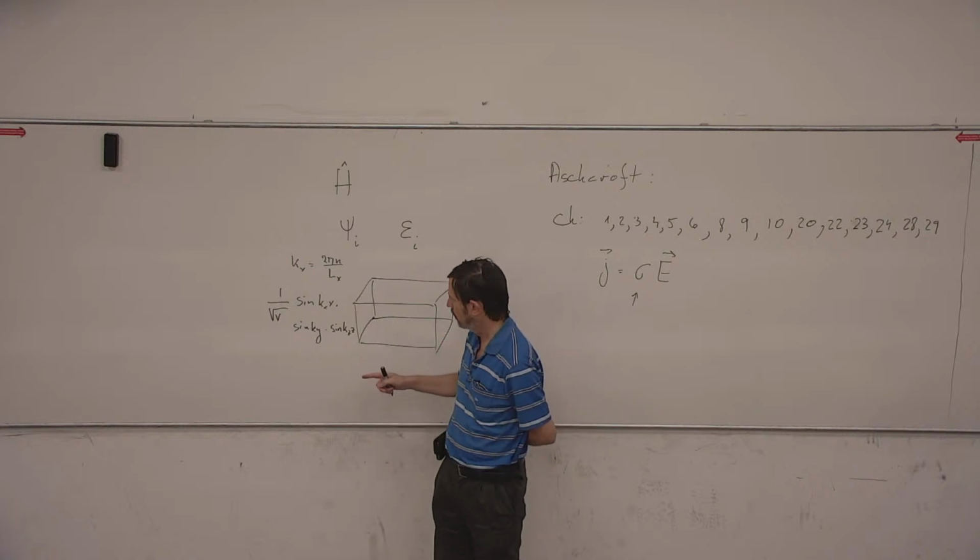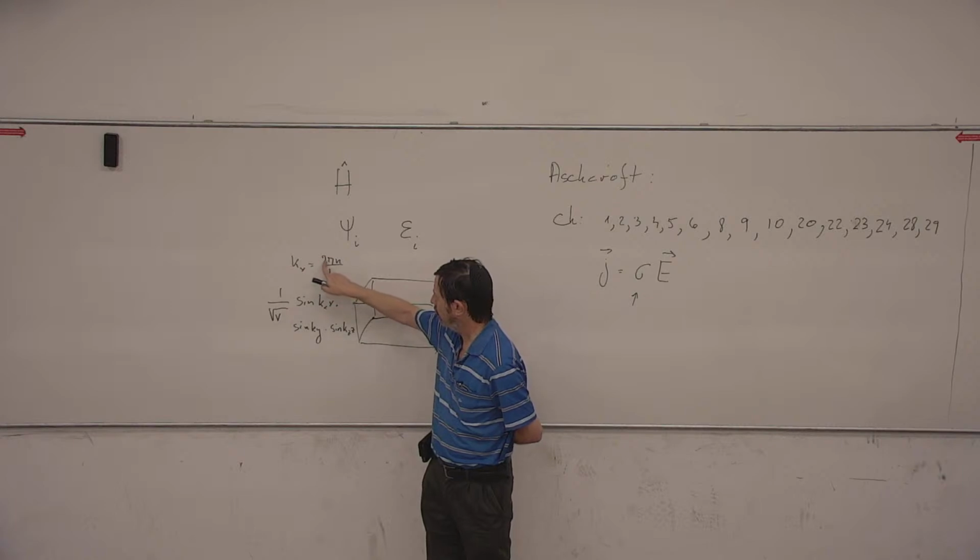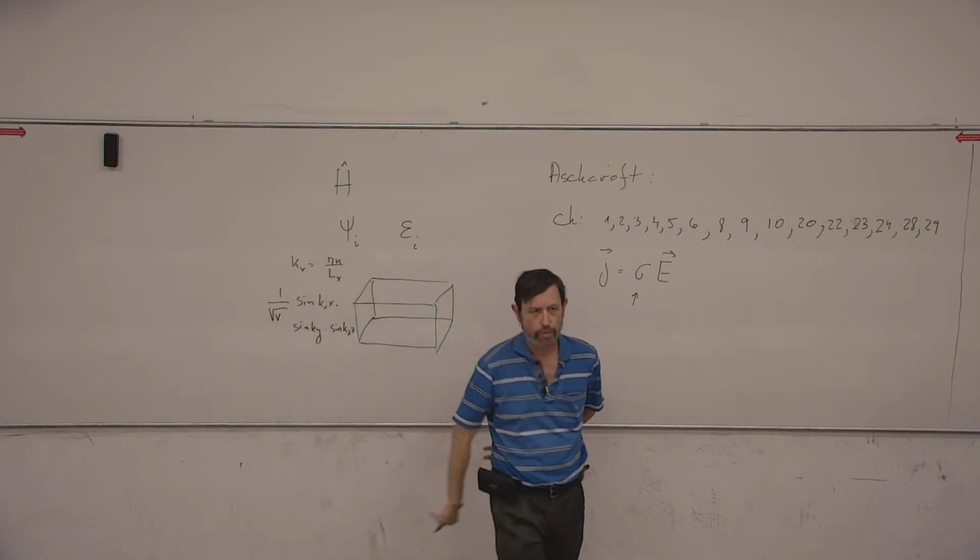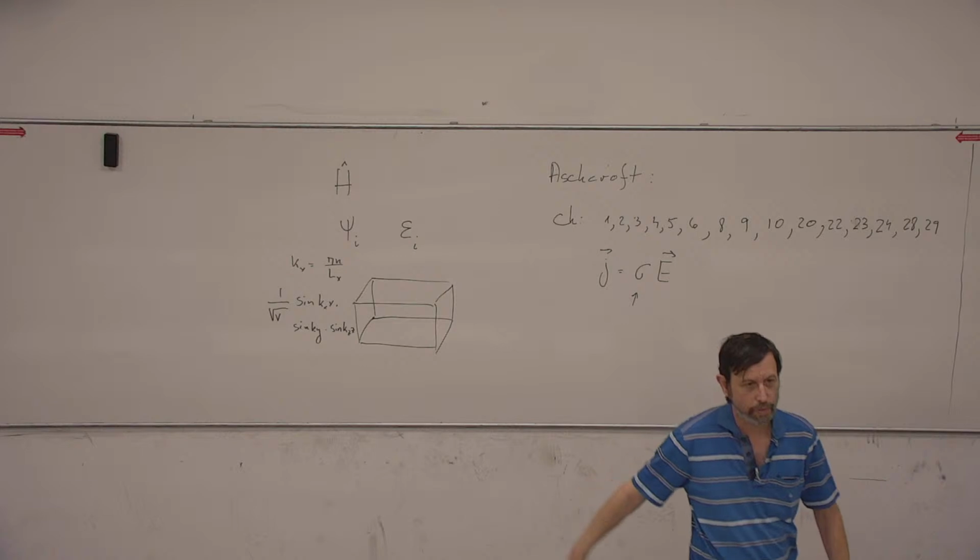I don't need the 2 in the k definition, it's pi n over the length. Okay, I gave you the wave functions.